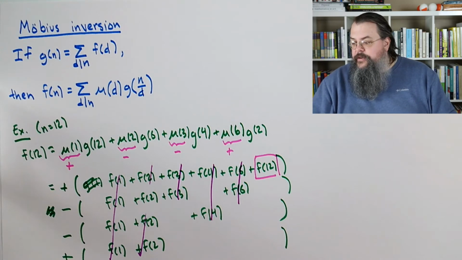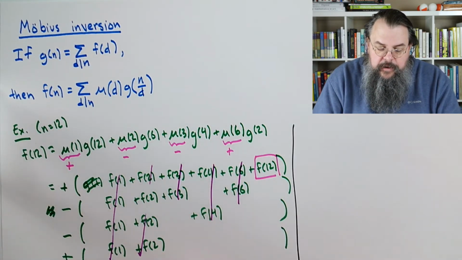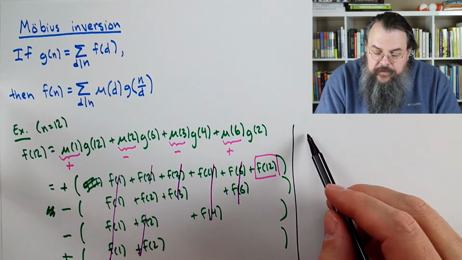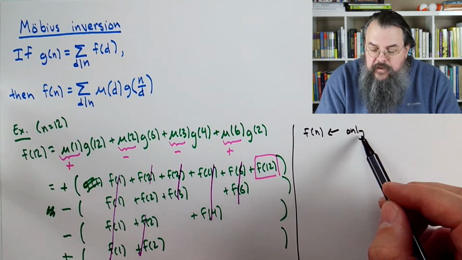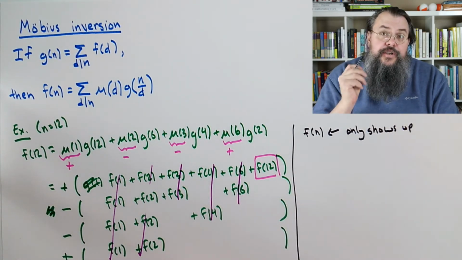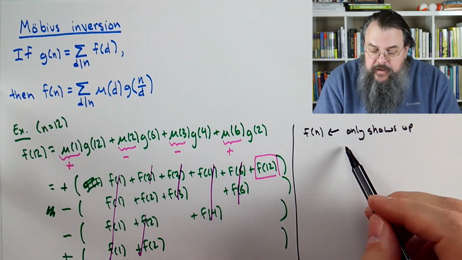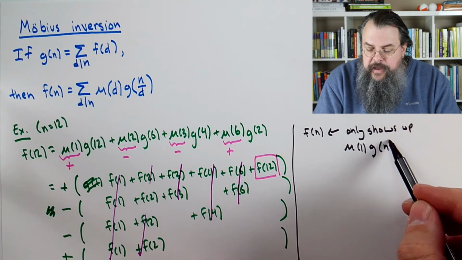Well, here's sort of the idea. When we're looking at the whole sum, f of n only shows up in one place. And where does it show up? Well, it shows up when we look at, namely, that mu of 1 g of n.